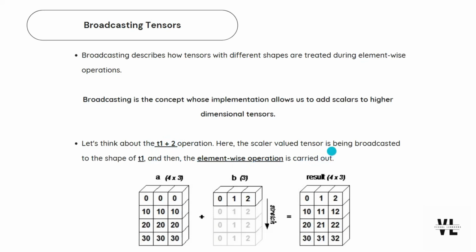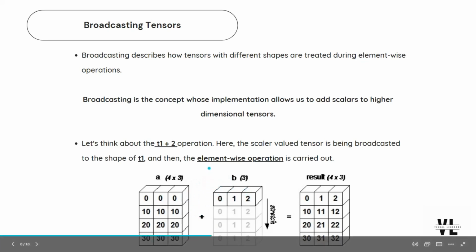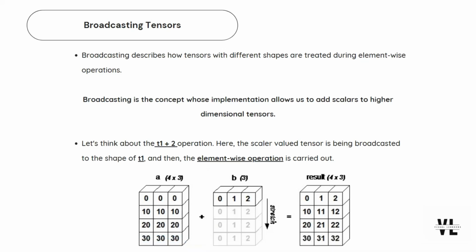Broadcasting does not only occur when we try to add a scalar to a tensor, but also with tensors of different shapes. Here we can see that the first tensor has a shape of 4 by 3, and the second tensor only has 3 elements. So in order to perform addition between these two tensors, first we must broadcast the 3 elements and replicate them 4 times in the rows so that we have a shape of 4 by 3.